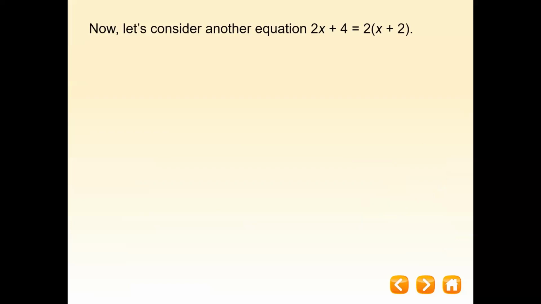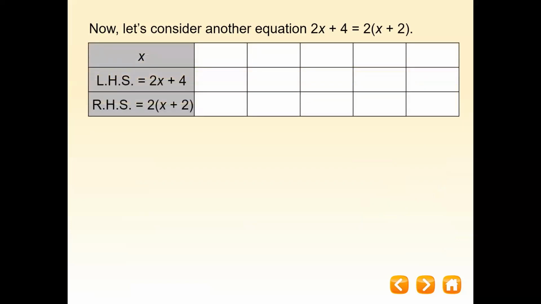Now, let's consider another equation 2x plus 4 equals to 2 times bracket x plus 2. Draw a table separating left-hand side and right-hand side like this. Pick 5 values of x. For example, choose x equals to -2, -1, 0, 1, and 2.